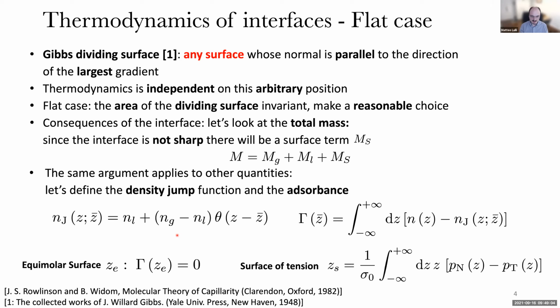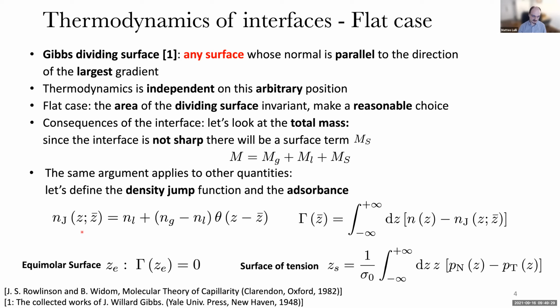But the presence of an interface, since the interface is not sharp, is already visible in very basic quantities. For example, we can understand it very quickly from the total mass. The total mass we can think of as having a sharp interface, so the contribution will be the mass of the gas phase, the mass of the liquid phase, but then there will also be a surface contribution, which is this m_s. A little more refined, this argument can be made for the density.